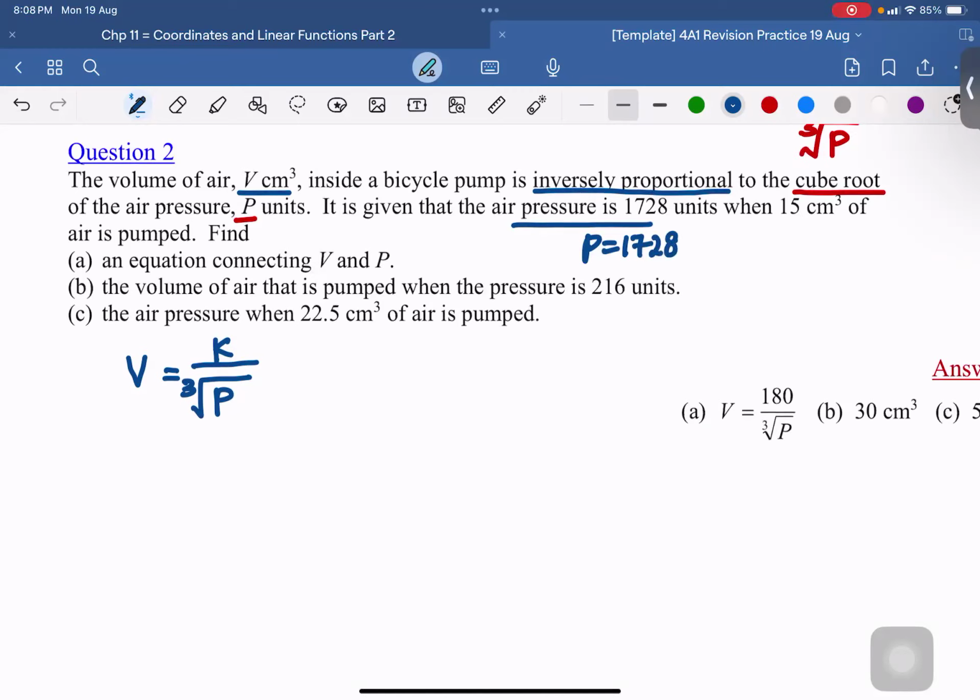When 15 cm cube, they didn't tell you it's the volume, but you read the units. This is cm cube, so it means this is volume. It's telling you V equals 15.